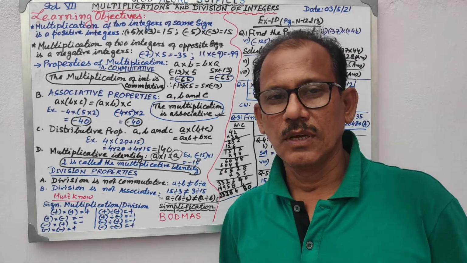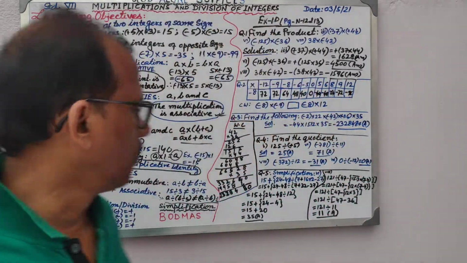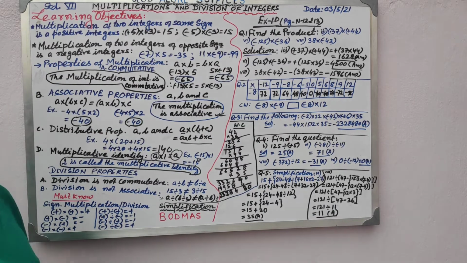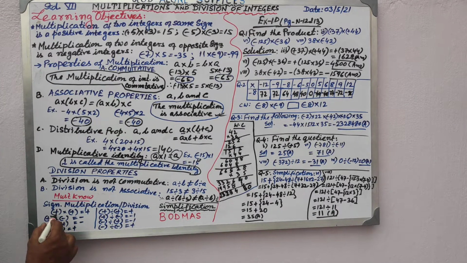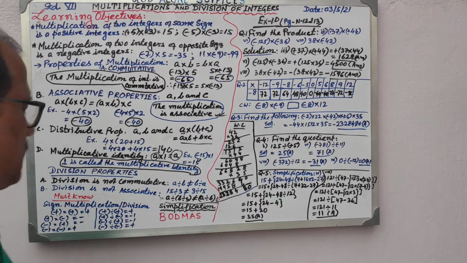But before you go for the exercise, you must know what sign multiplication or division takes. See, when two integers carrying plus signs are multiplied, it will be plus. Plus multiplied by plus is plus.